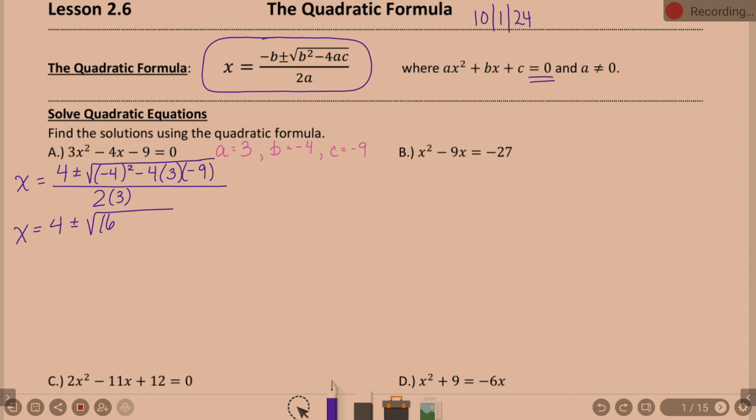Now, this next piece. I see negative 4 times 3 times negative 9. Well, what is 4 times 3 times 9? 108. Okay. And then, since there was a negative times a negative, what's a negative times a negative going to be? Positive. So it's going to be 16 plus 108 all over 6.